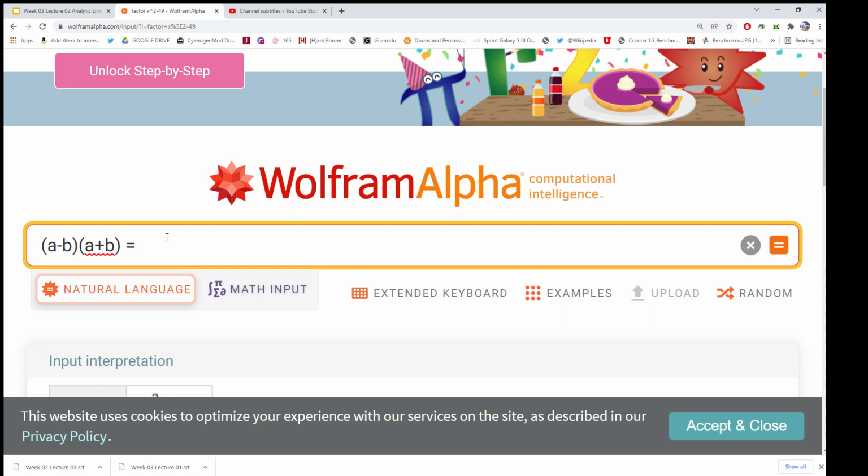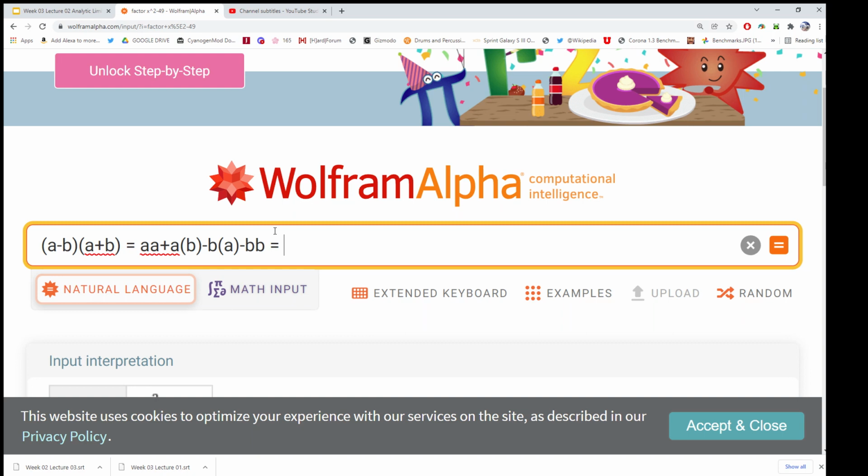So like first terms, a, and then you would have the outer terms, which would be a and b. Then you have the inner terms, which would be the negative b and the a, so minus b and a. And then you multiply the last terms, which are negative b and positive b, so minus bb. So that's what happens when you FOIL this.